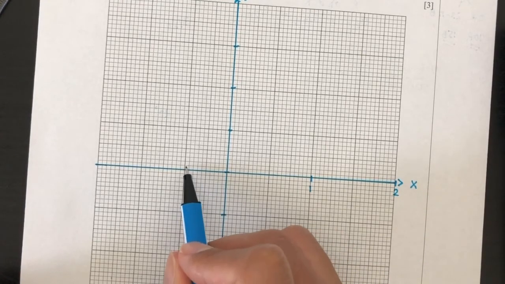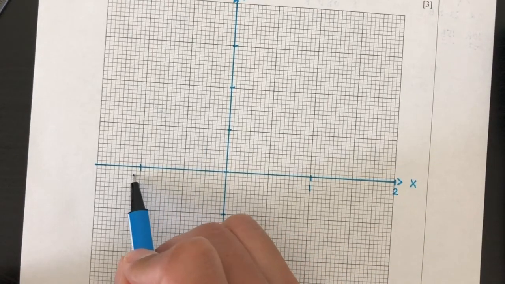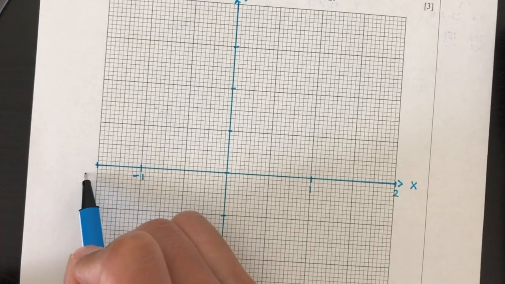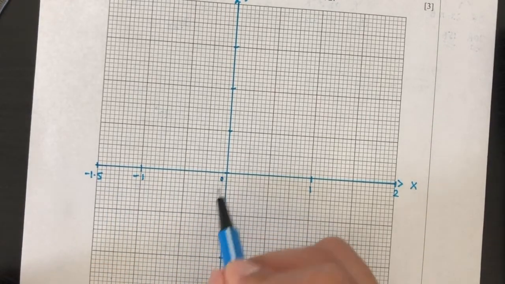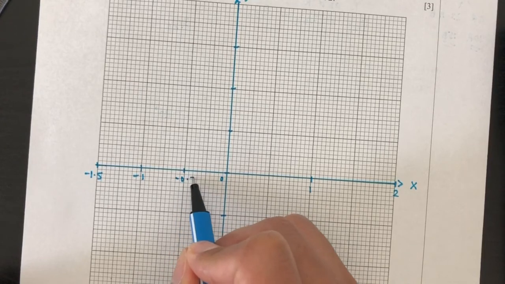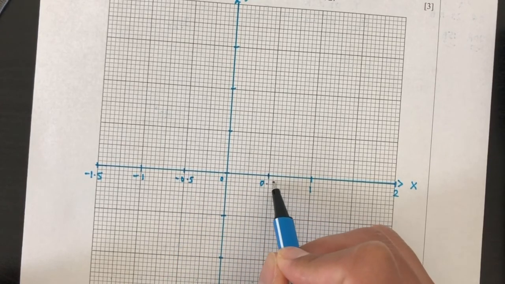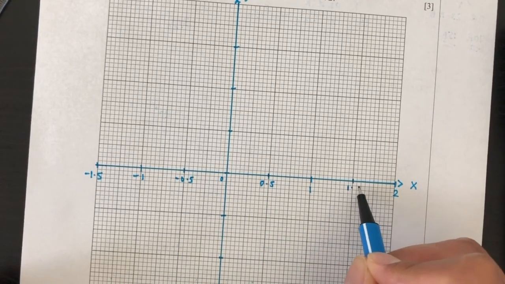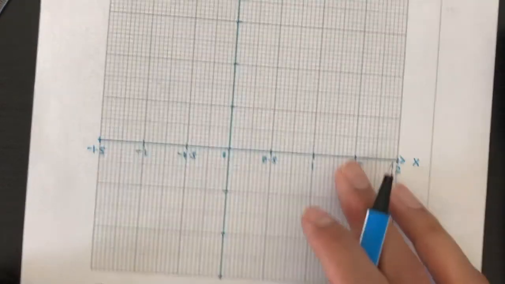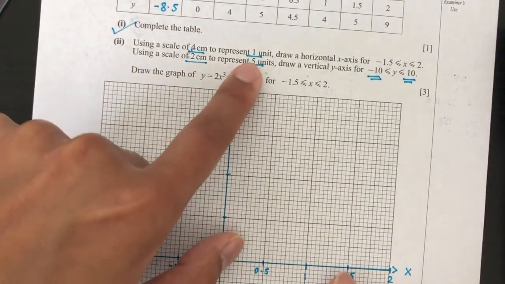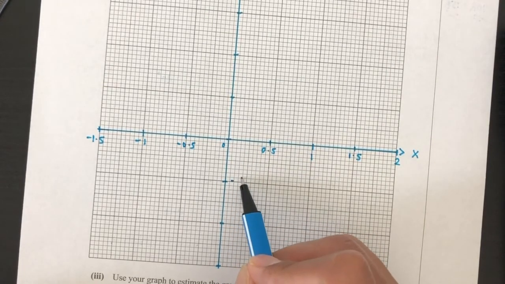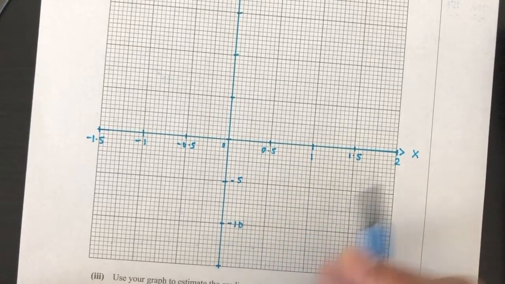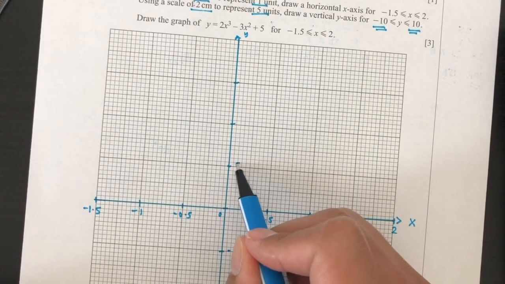So 1, 2, 3, 4 will be minus 1, and this will be minus 1.5. This is 0 here. This will be minus 0.5, and this is 0.5. This will be 1.5. And here, as you can see, 2 centimeters represent 5. So it means that 1, 2, that will be minus 5 and minus 10. This will be 5 and 10.